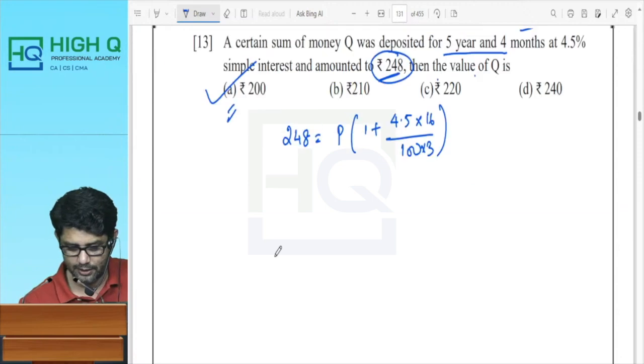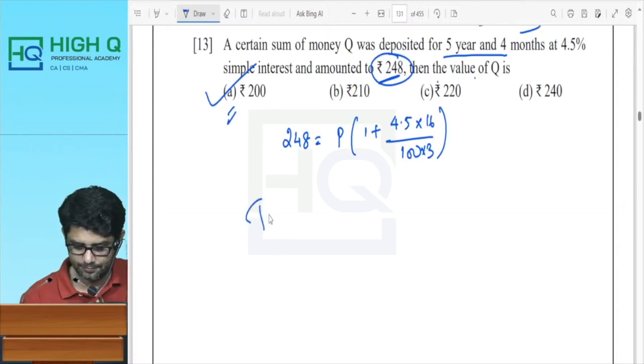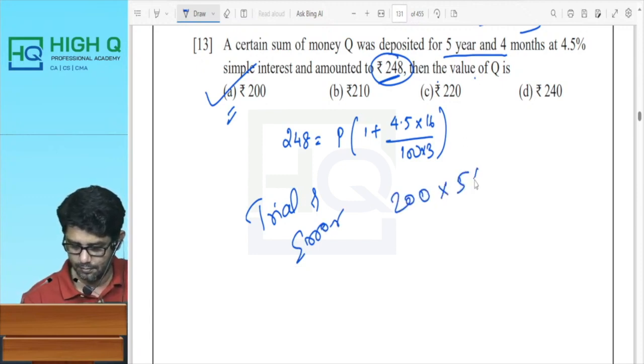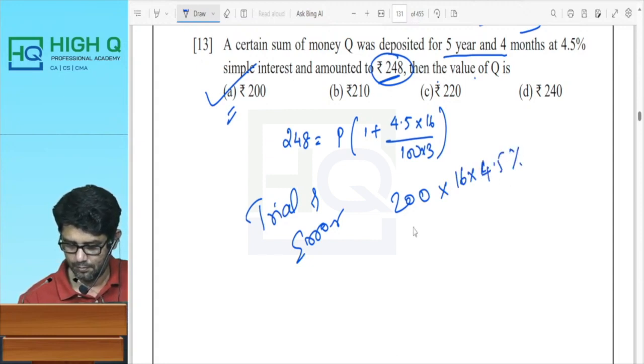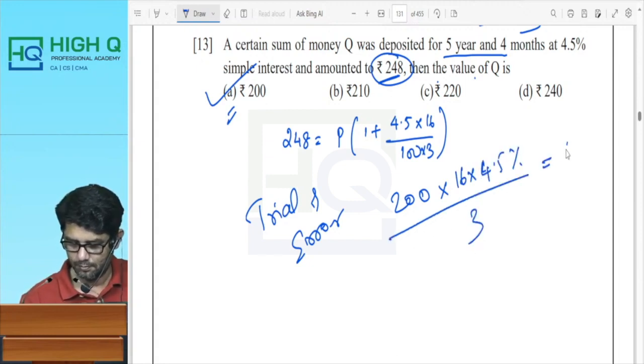What is the shortcut trick here? Nothing. This is what calculator trick.